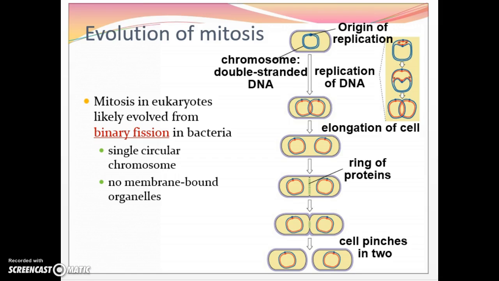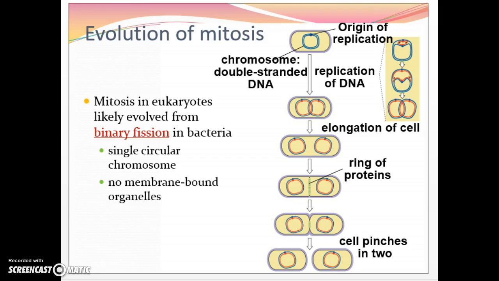So mitosis in eukaryotes is thought to actually evolve from what occurs in bacteria or prokaryotes, which is binary fission. In bacteria, they have a single circular chromosome and they don't have membrane-bound organelles. So binary fission occurs in a very simple way, really.